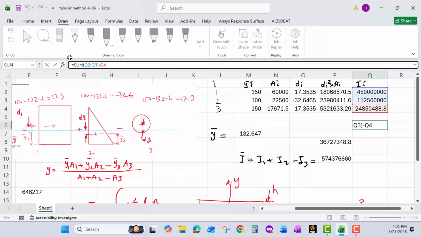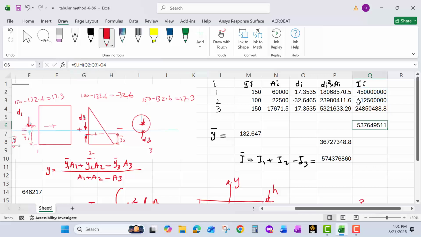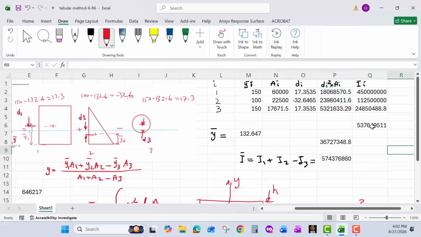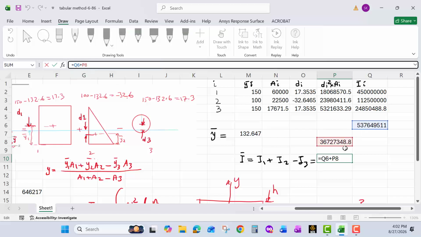So this cell is the summation of all the standard values, and in this cell I put another formula, which is the sum of the penalties for the first and second decomposed shapes, take away the penalty for the hole. And now all I have to do is add these two numbers together. In this case, I make a formula and add this plus that, and this is being calculated here.